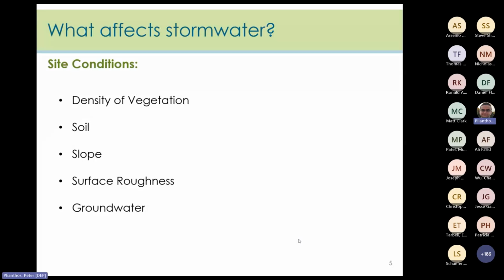Steep slopes will have an opposite effect and will increase the velocity of flow. Lastly, the surface material itself and even the underlying layers can affect the amount of runoff produced by a site. Pavement will produce a greater volume of runoff than a grassy field, for example. Next, we'll look a little deeper into the effects each one of these site conditions has on rainfall.